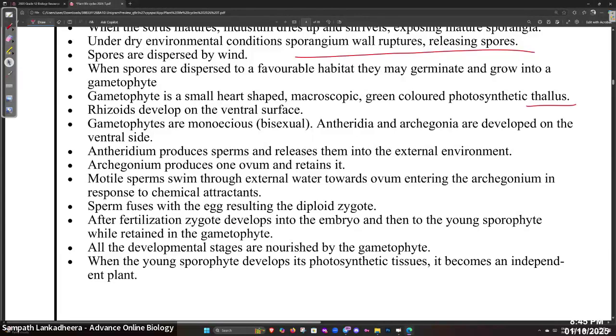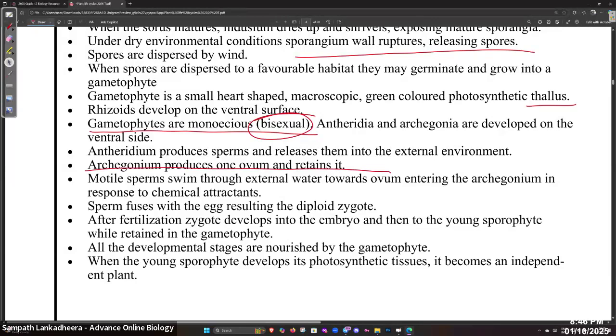Gametophytes are monoecious, meaning bisexual. Antheridia and archegonia develop on the ventral side. Antheridium produces sperms and releases them into the external environment. Archegonium produces one ovum and retains it.